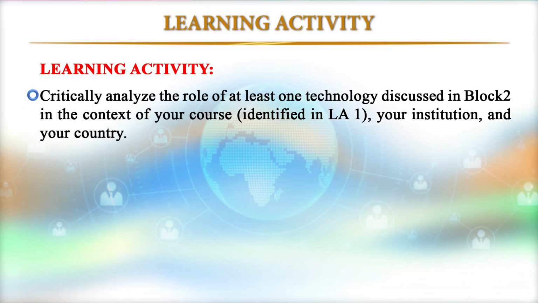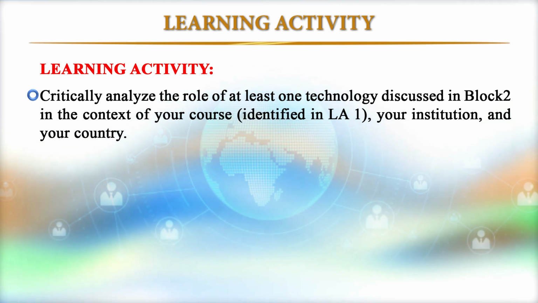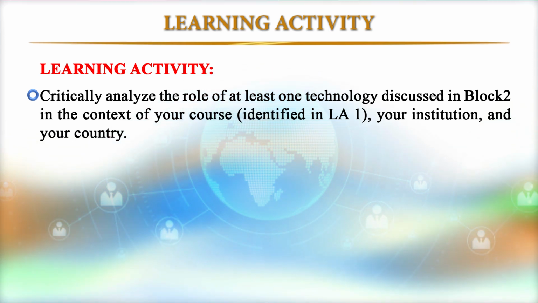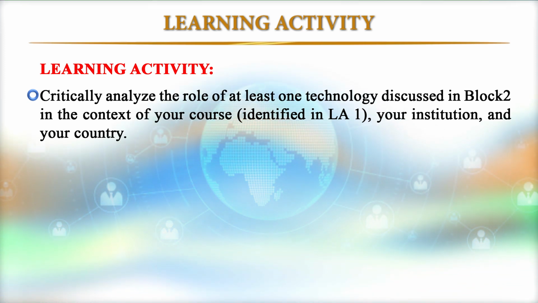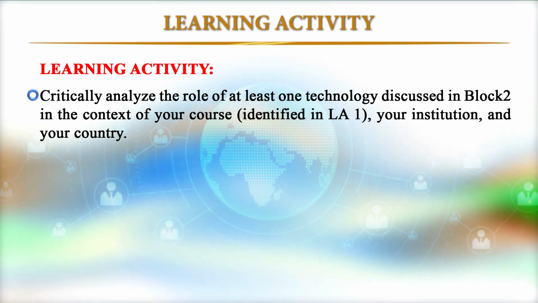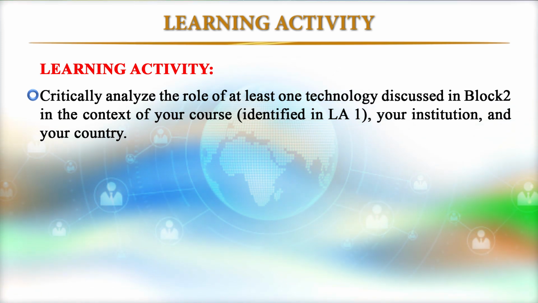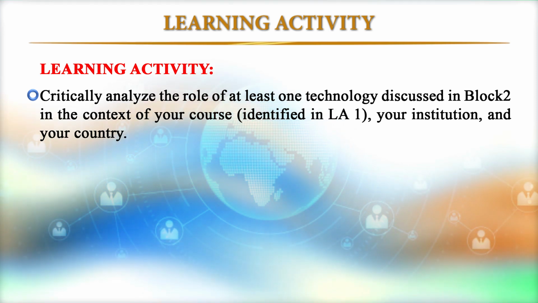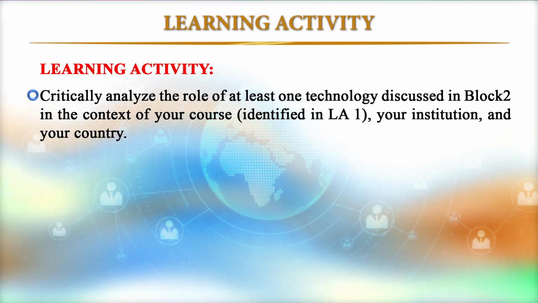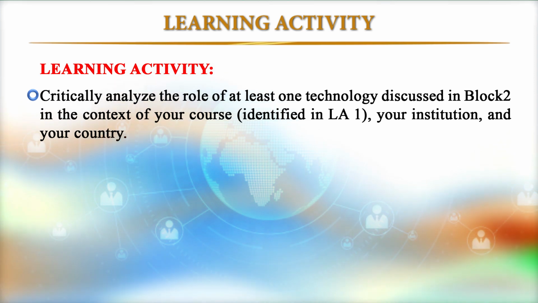As you have selected your course in learning activity 1 and designed a very detailed outline for your course, here you have to work on what technology you are going to implement in the course you have selected. That is what we are going to do in this activity.